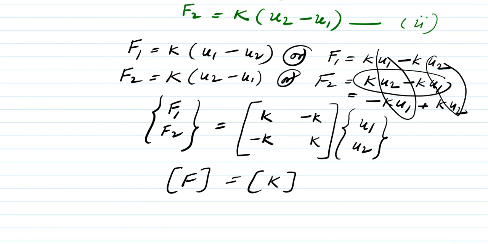It means K is equal to F by U. This is the stiffness matrix formation, or finite element equation.